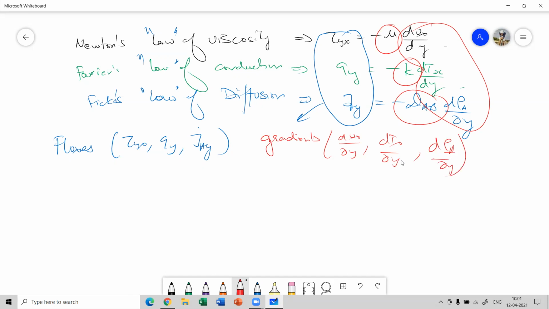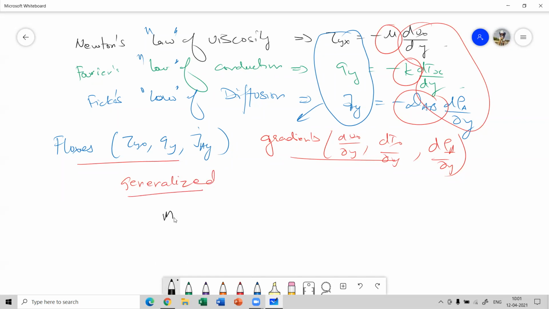Now, if you see the relation between the flux and the gradients, all these three laws can be generalized in a standard form.